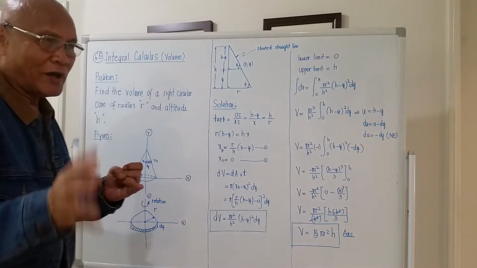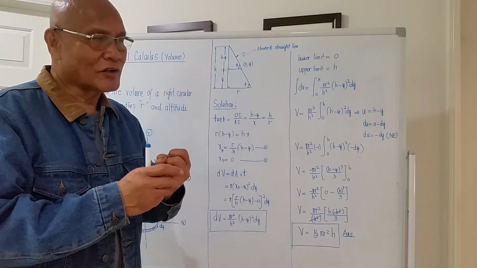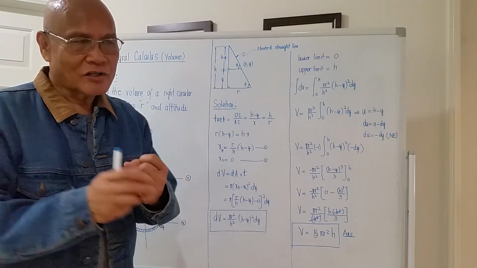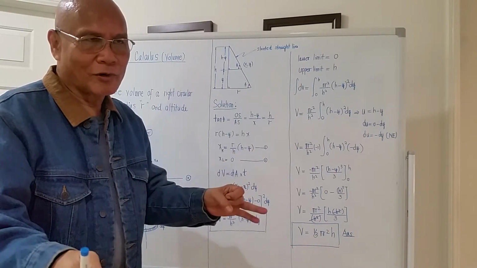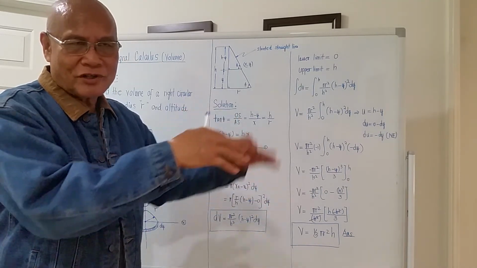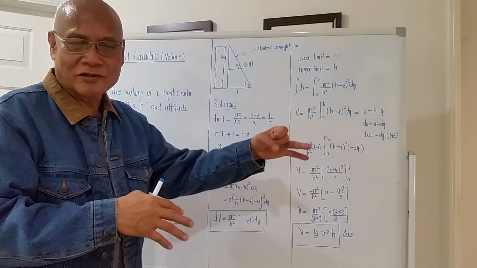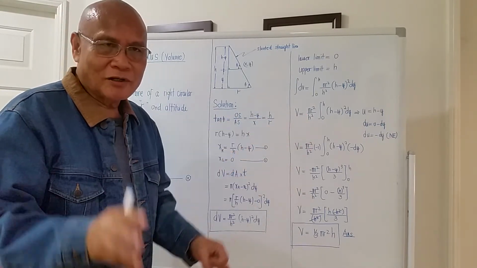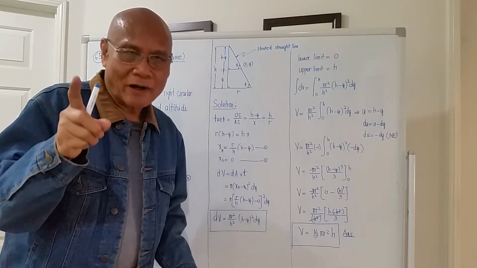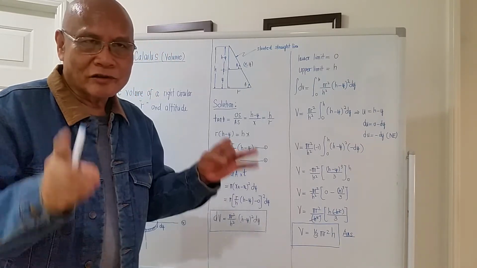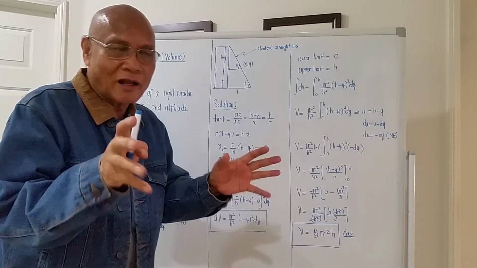I think we are done with the right circular cylinder. We derived those already, the formula for taking the volume, presenting two solutions. For this afternoon, we will derive the formula for taking the volume of a right circular cone in terms of the radius r and altitude h.